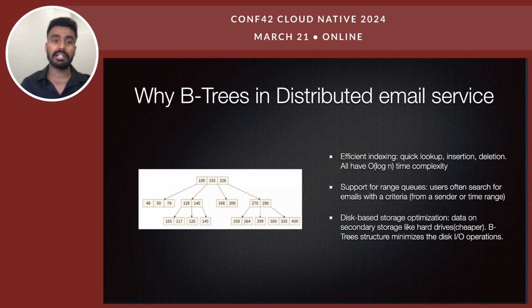This B tree data structure enables us to use something like a disk. And why disk? Because disk-based storage is always cheaper than SSDs. But again, input-output operations on disk add a lot of latency.